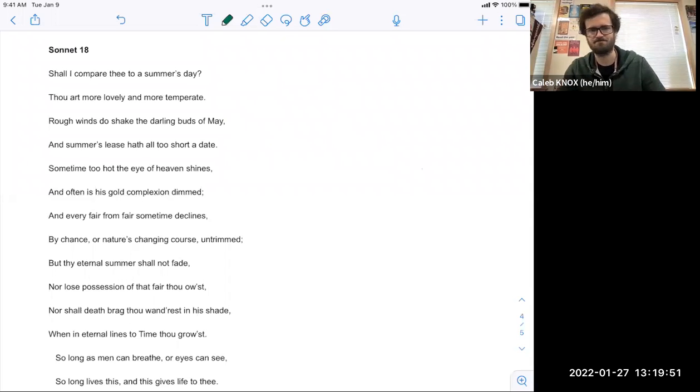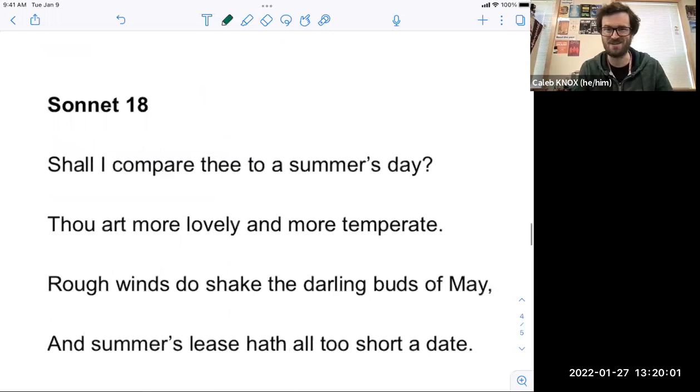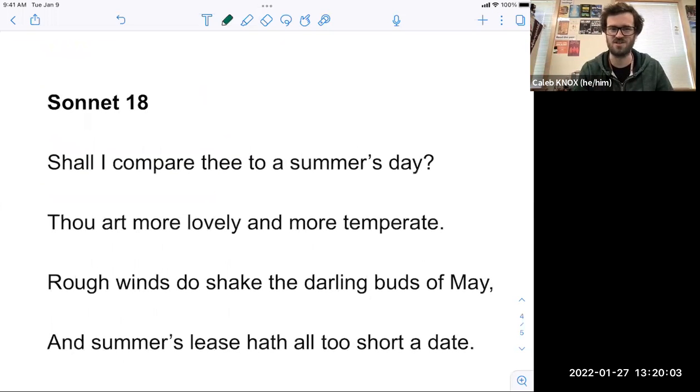Sonnet 18. Now, as we look at this, we've got to look at the rhyme and the rhythm, the structure of the poem first. First of all, it's iambic pentameter. Remember that rhythm that we talked about when we did our Shakespeare intro. If you were to draw the rhythm, you do a little U symbol to designate an unstressed syllable, and then you do a slash to show a stressed syllable.